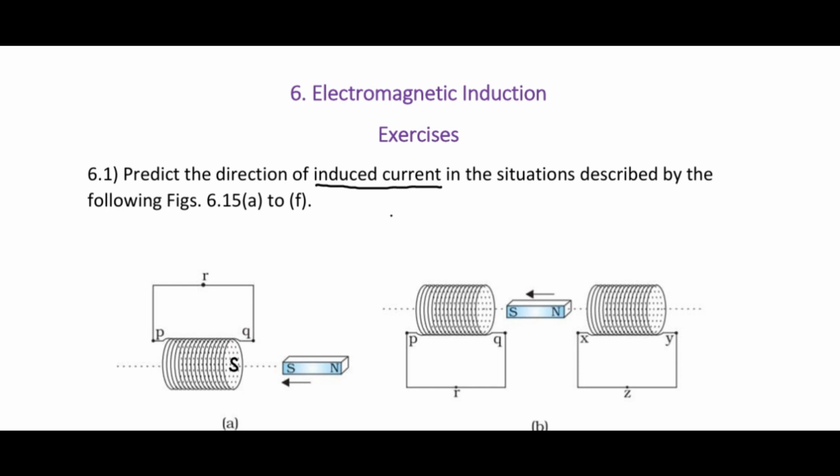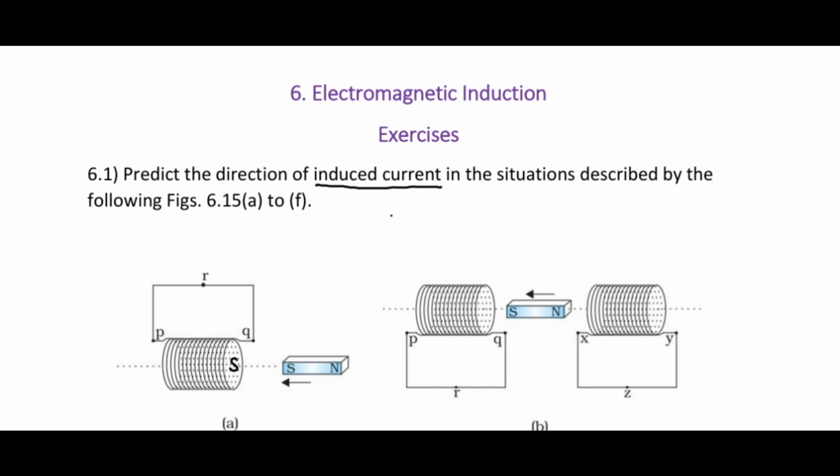As the S pole of the magnet approaches the coil, by Lenz's law the induced current in the coil develops S pole at the end Q. For this, the induced current should flow clockwise when seen from the magnet side.